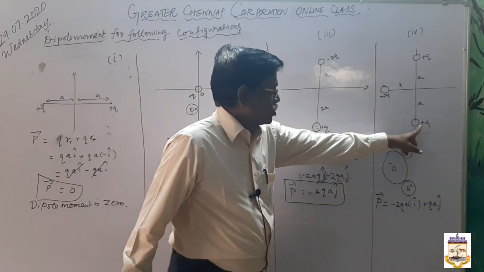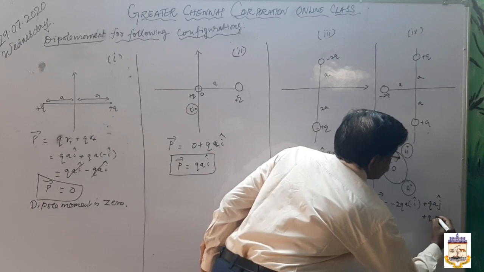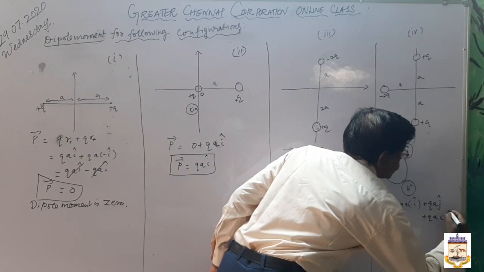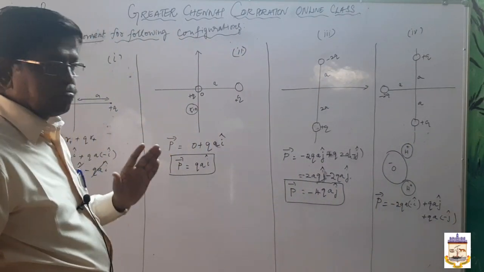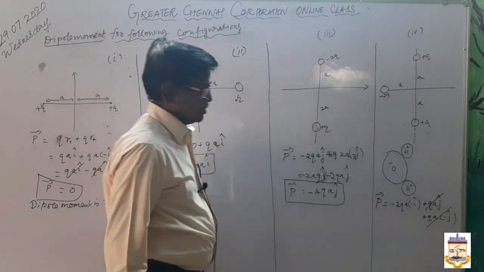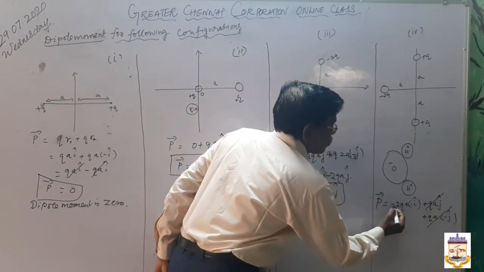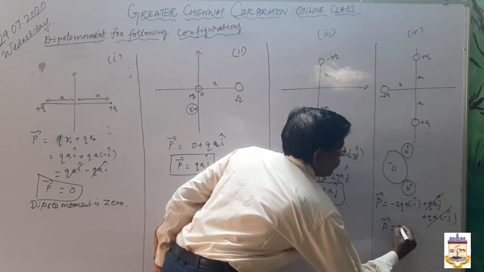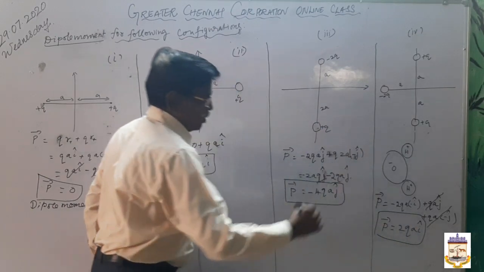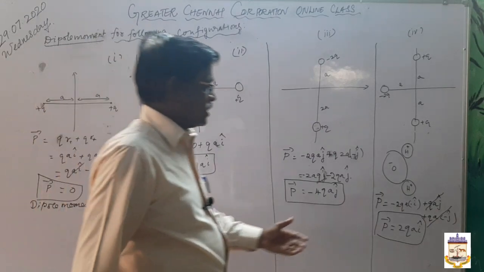For this charge, we have to include the other charge also, isn't it? So, plus q a into, what about the direction? The direction is minus j cap. Now, these two are cancelling, right? Because this is plus j, this is minus j. This minus into minus becomes plus. The dipole moment is 2qa i cap. So, the net dipole moment for this H2O water molecule is 2qa i cap.